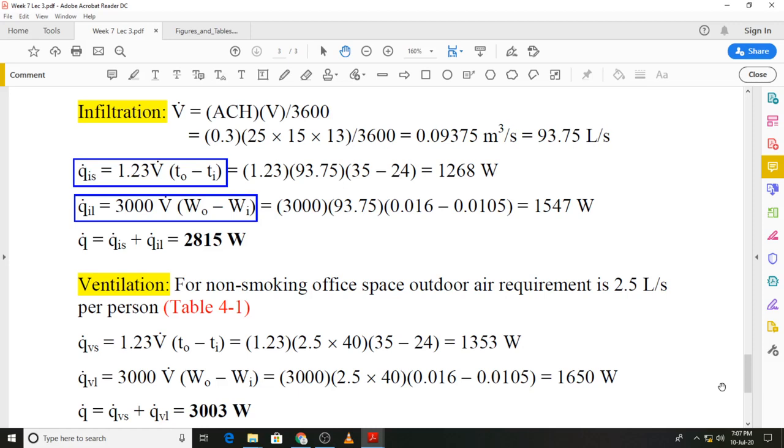If you read the statement over here, I've already written what value I've taken from table 4-1, that is 2.5 liters per second per person. And again, how this value of 2.5 liters per second is obtained, once we go to that table, it will be quite easy to see.